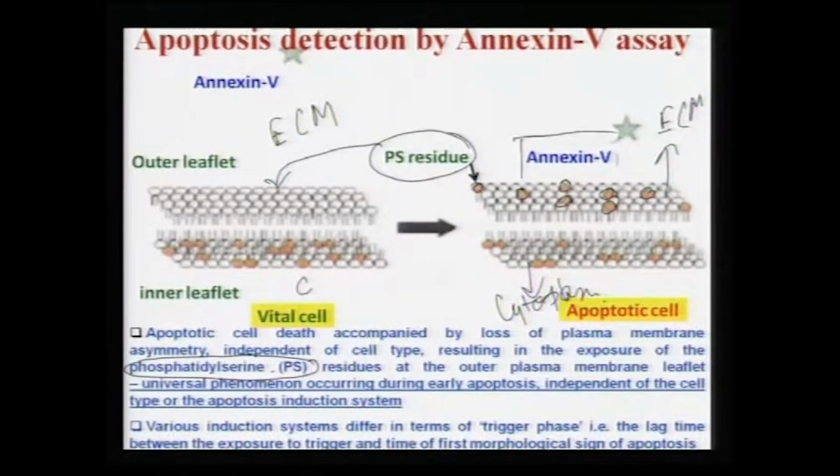Now, annexin 5 is a particular fluoromolecule, and it has a specific binding capability to phosphatidylserine. So, when a cell is undergoing apoptosis, annexin 5 comes and attaches to the PS molecules.